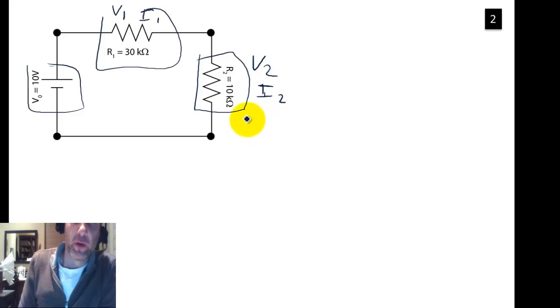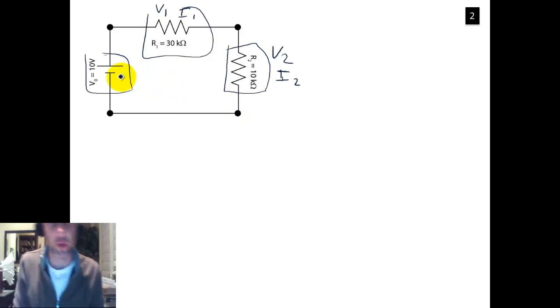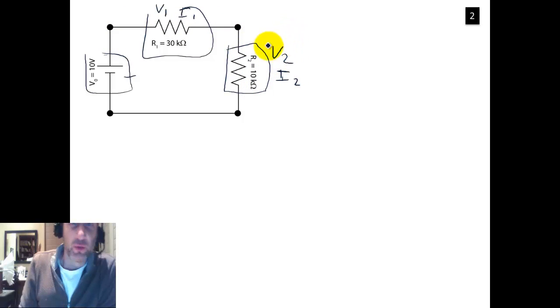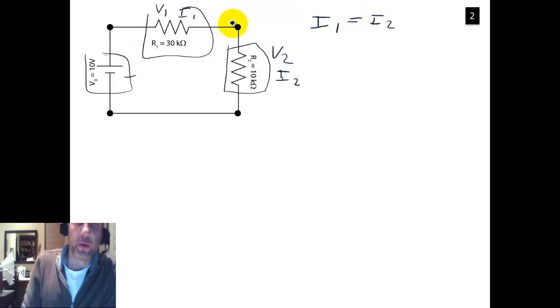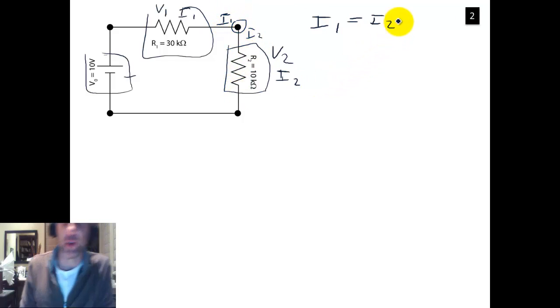Now, if you go to your intuition of what would happen if this was a pump here and these were large pipes and these were two very narrow pipes, you should come to the conclusion that these two currents should be the same. I1 should equal I2. If you use Kirchhoff's first law, you could say that I1 is coming into this point whereas I2 is coming out, going through this resistor, and what goes in has to equal what comes out. So let's just call that I.